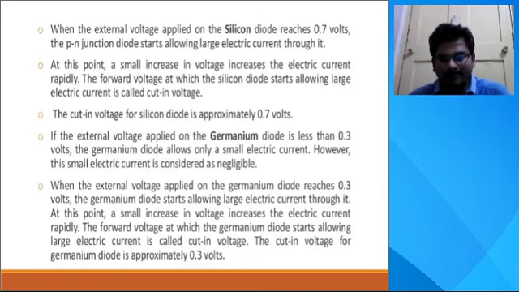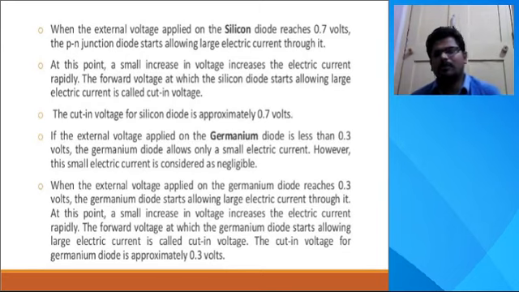At this point, a small increase in voltage increases the electric current rapidly. The forward voltage at which the germanium diode starts allowing large electric current is called cut-in voltage. The cut-in voltage for germanium diode is approximately 0.3 volts.